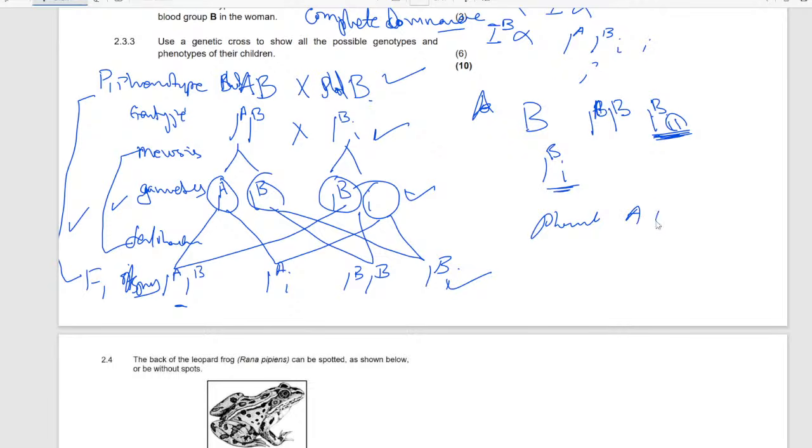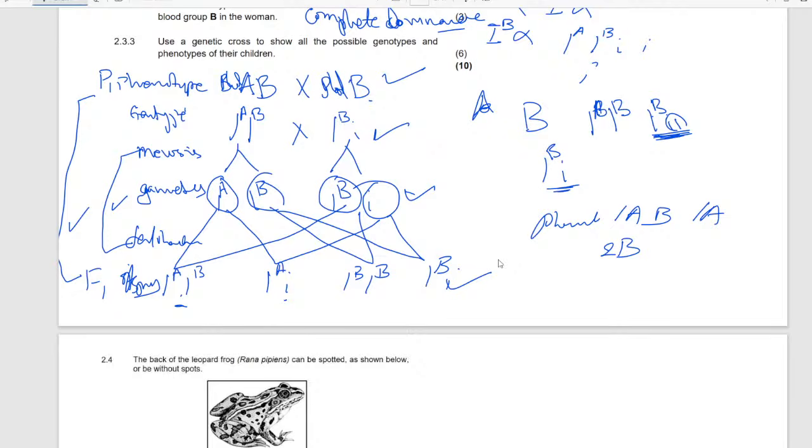You have AB, yes, you have A, you have B, and you have, this is AB, this is A, and then you have 2B, 2B, 1AB, 1A, and then 2B. And then the genotype are these ones. You can write them again. So that's how we answer questions concerning blood group.